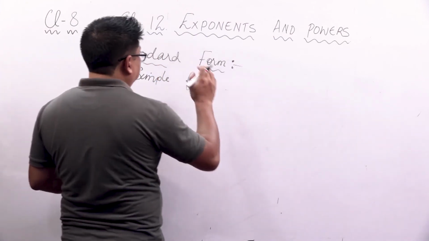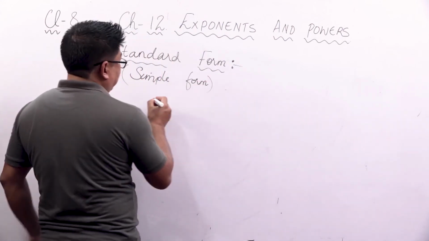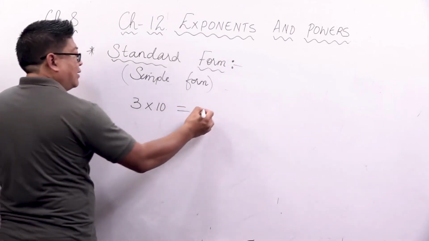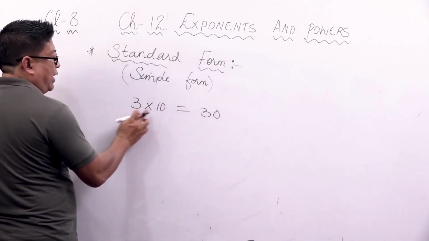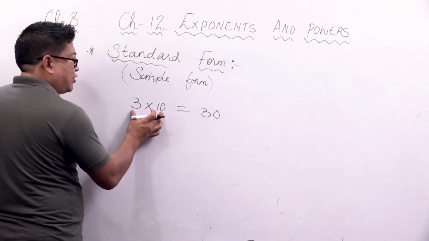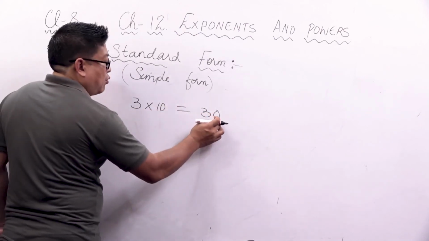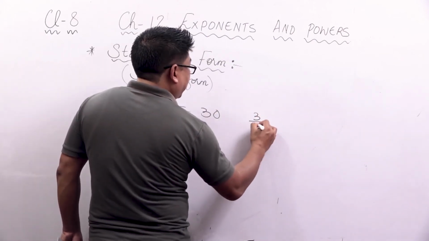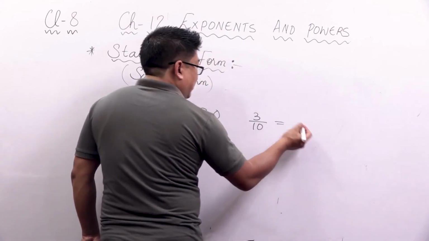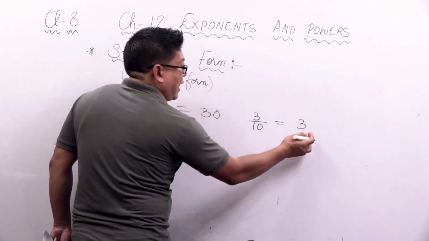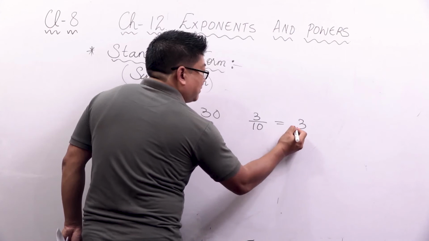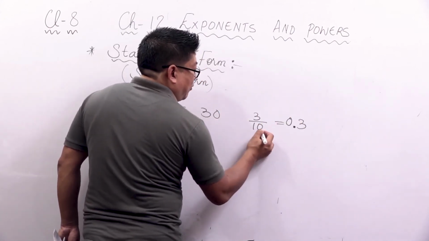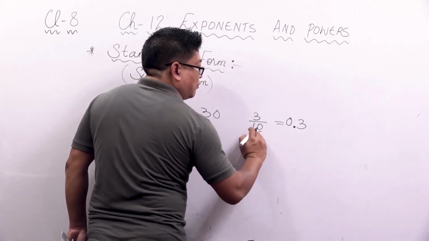For example, before we go deep, let's understand this. When we multiply 3 into 10, we get 30. Now when I am multiplying 3 into 10, I am putting one more zero on the right, isn't it? If I divide 3 by 10, then the 3 will be here and the decimal point will come just before 3. That means one place you will move to the left.